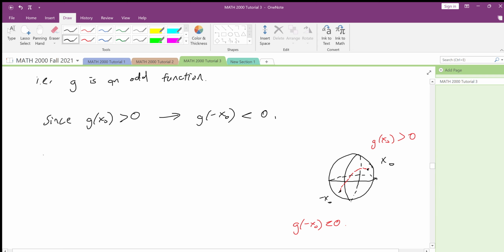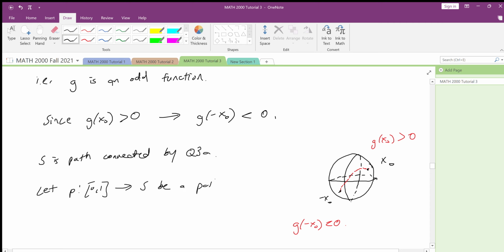So S is path connected by question 3a. So let P be a path from x naught to negative x naught.